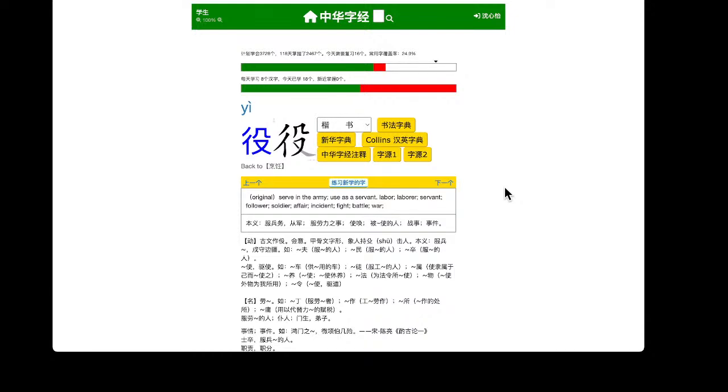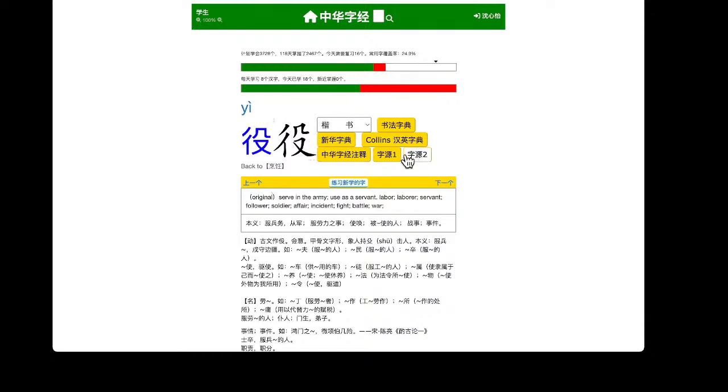For example, 战役 means one instance of battle in a war. Like a war between two countries, and then you refer to one instance of a battle in a series of wars. That's called 役, 战役.